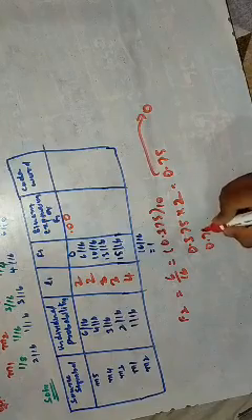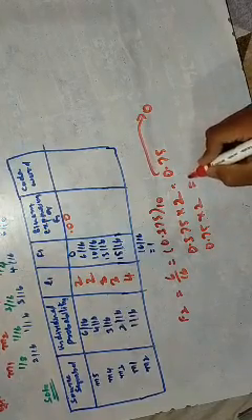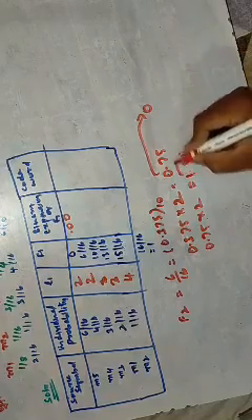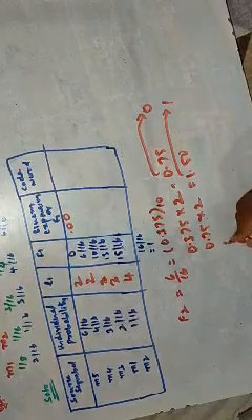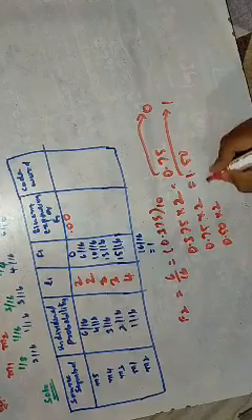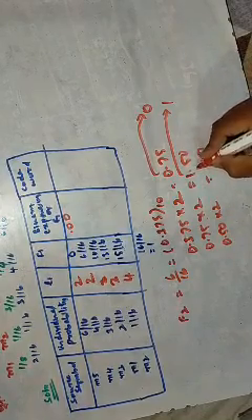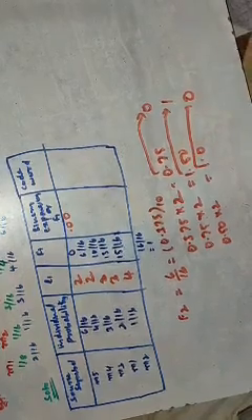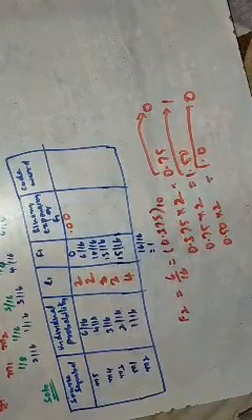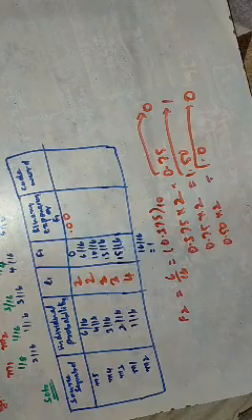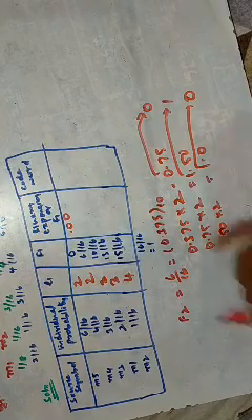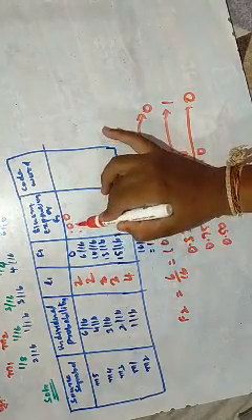Next, 0.75 into 2 is 1.5, so 1 comes out. 0.50 into 2 is 1.0, and 0 comes out. This is the way we convert the decimal fraction into binary. So here I have 0.010.